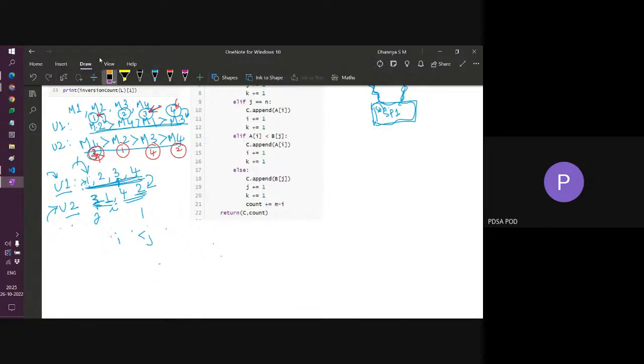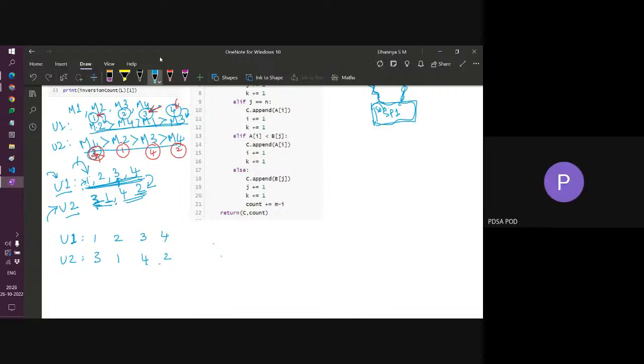Now, can you tell me how many inversions are there here? Let me put it more clearly. 1, 2, 3, 4, 3, 1, 4, 2. Can you tell me how many inversions are there here? No, I want the number. 3.